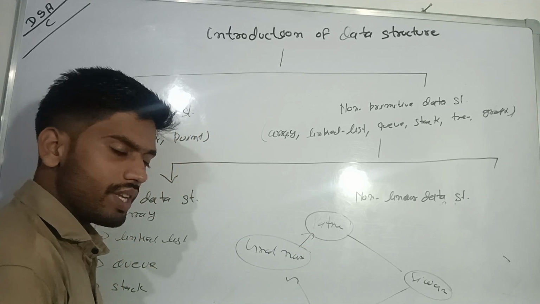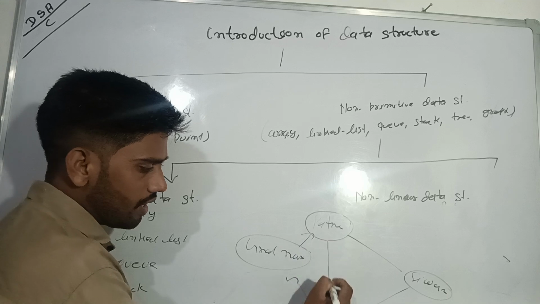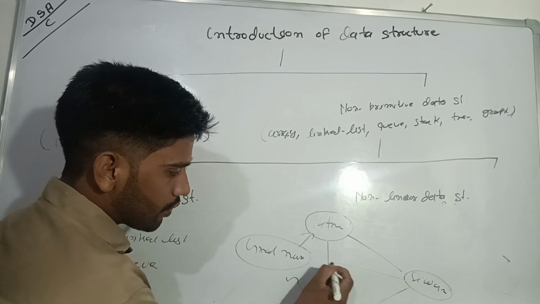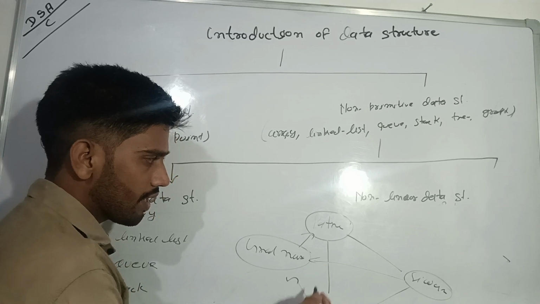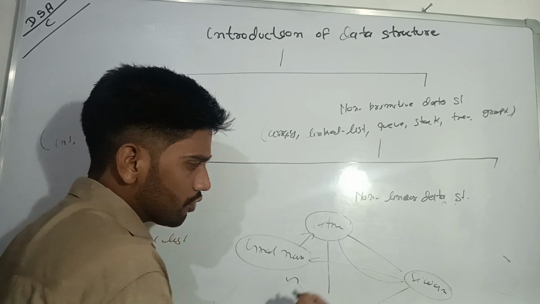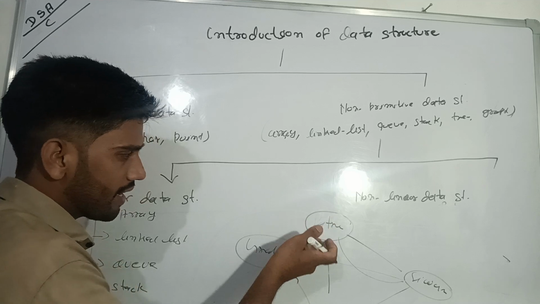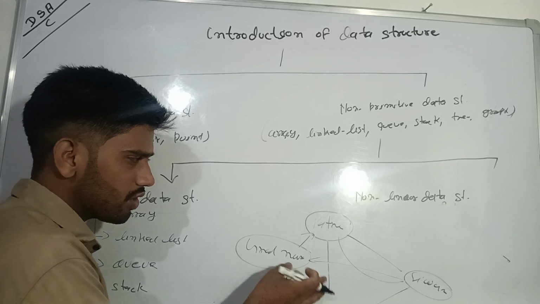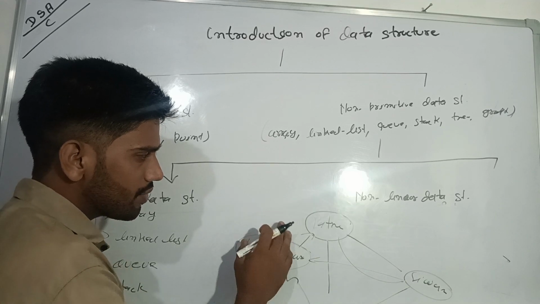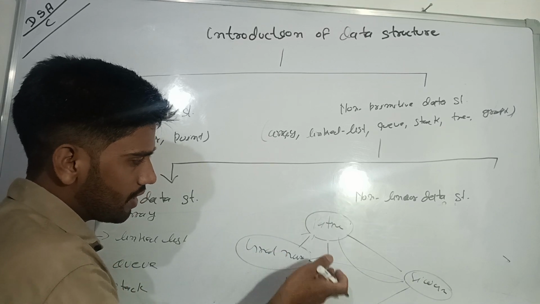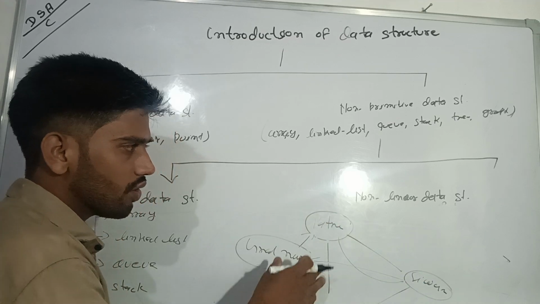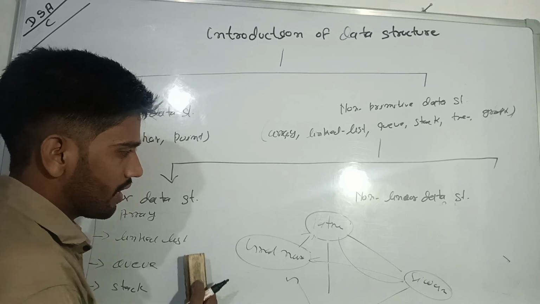We can travel Patna to Delhi, Siwan to Greater Noida, Patna to Siwan, Siwan to Patna, and Patna to Greater Noida. That is an example of a graph. We can travel from Patna to Delhi, Patna to Greater Noida, Patna to Siwan. It is a non-linear data structure, right?